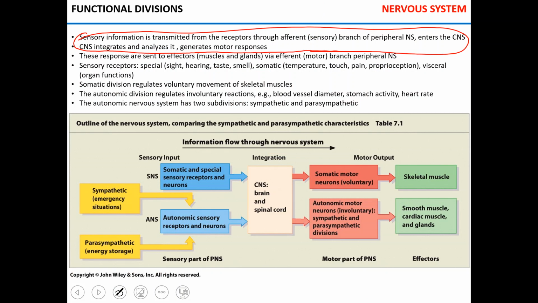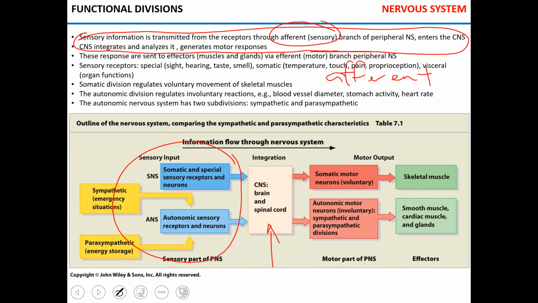So here you see sensory input, which is transmitted by the peripheral nervous system to the CNS. This sensory part of the nervous system is often referred to as afferent. I'm going to write it down. Afferent and sensory are essentially synonyms.